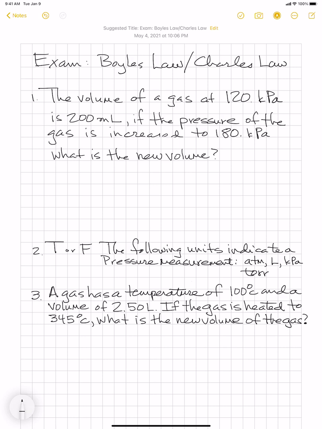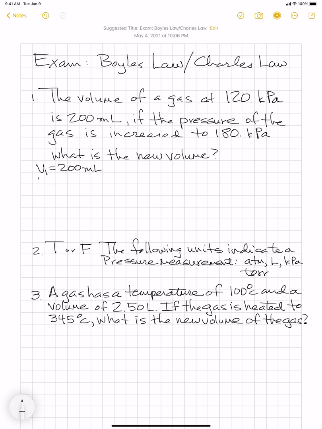The volume of a gas at 120 kilopascal is 200 milliliters. If the pressure of the gas is increased to 180 kilopascal, what is the new volume? All right, so let's list out what we know. You have to be careful here. Look at your units, make sure that they match. So for V1, the volume is going to be 200 milliliters.